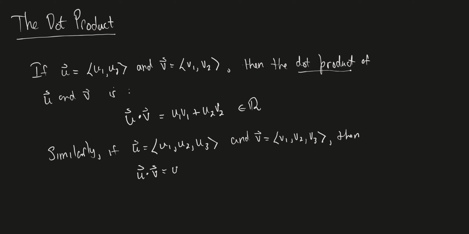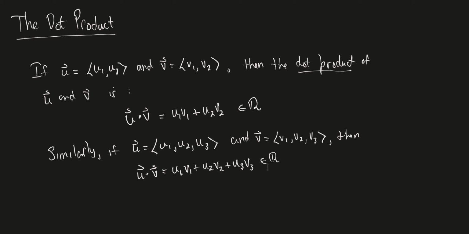So it is going to be u1 times v1 plus u2 times v2 plus u3 times v3. And again, this answer is going to be a scalar, not a vector.